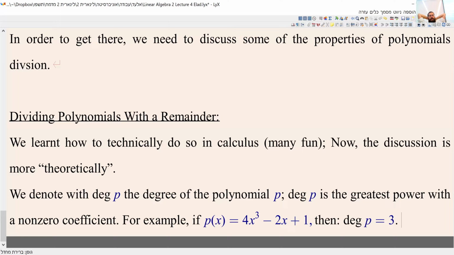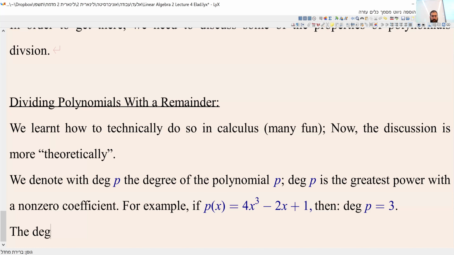I don't know how to say it exactly in English. So we mean the number above, not the whole x to the power of 3, only the 3. The degree of a constant is 0 because it's a constant multiplied by x to the power of 0.